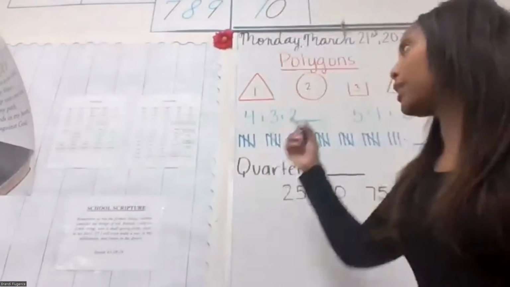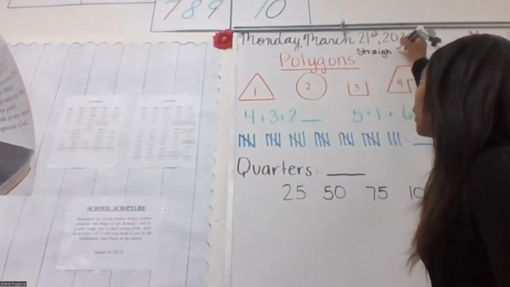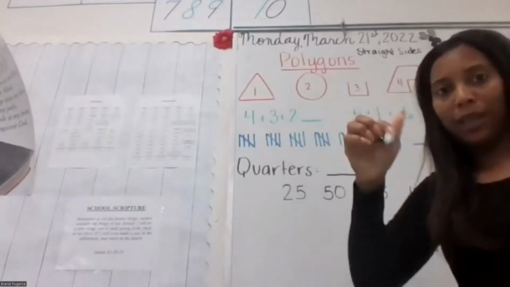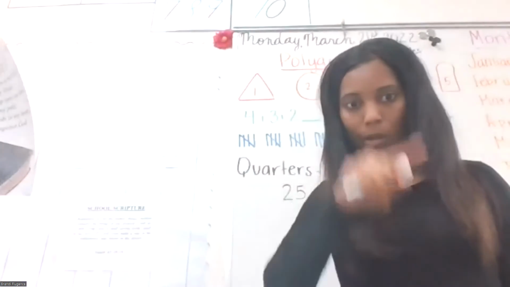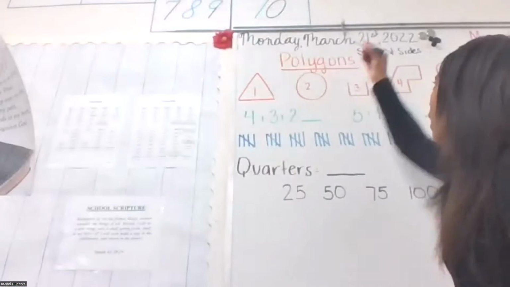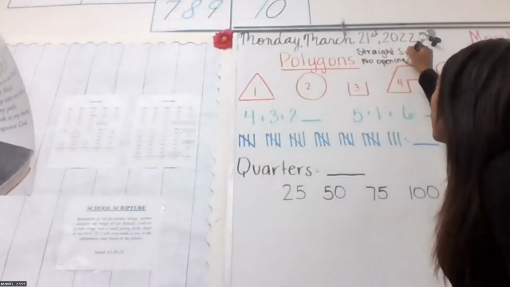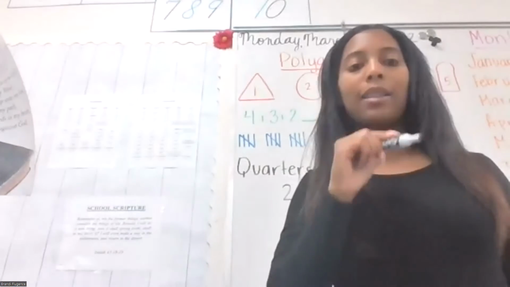It has to have straight sides, meaning no curves, only straight sides. And it has to have no openings, meaning all the lines connect in the shape.